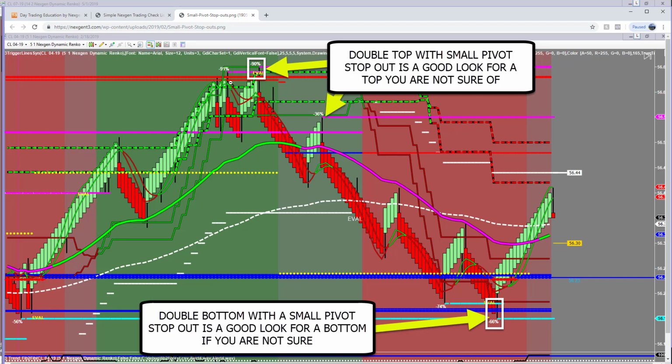You're also going to see that this is a trend trade short. But, again, 20 ticks up, pivot stop out at the top, 20 ticks down, trend trade short, 20 ticks down, and then pivot stop out at the bottom, 20 ticks up. Instead of just waiting for one high probability trend trade, you're going to turn it into 3 or 4 trades. And that's how you truly excel with what we do.